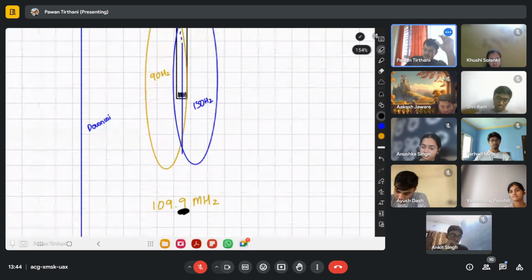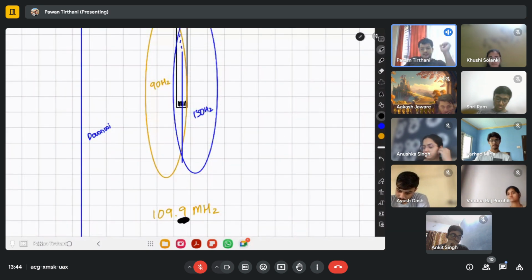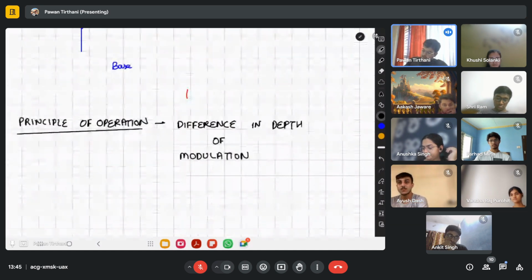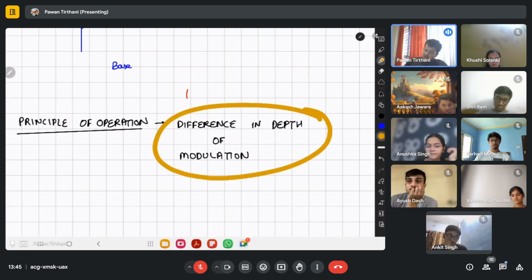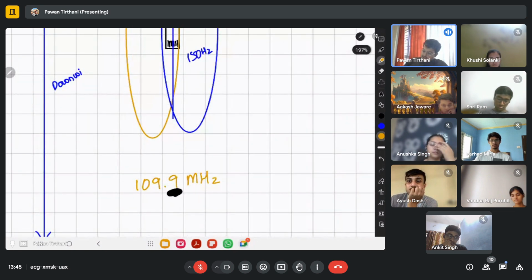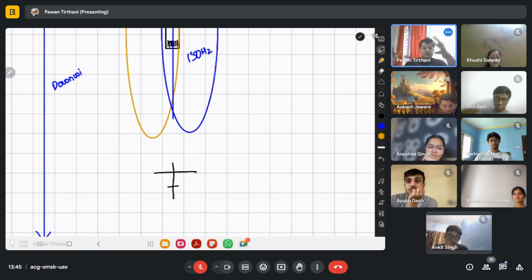So there are two sectors. आपने ये देख लिया. There are two sectors, right? Now, the principle of operation is difference in depth of modulation. How does this work? What are we doing? Let's say I have an aircraft over here. And on the aircraft, we have an antenna which is receiving these waves.